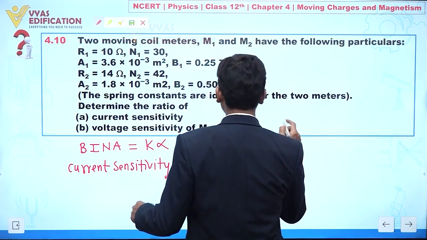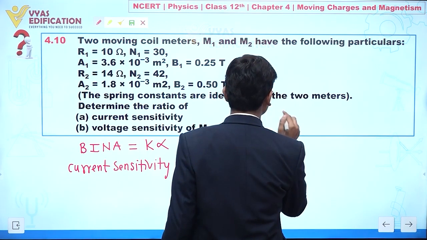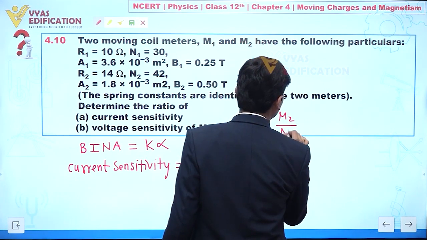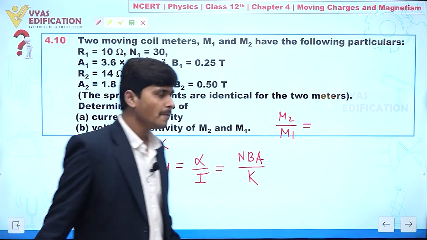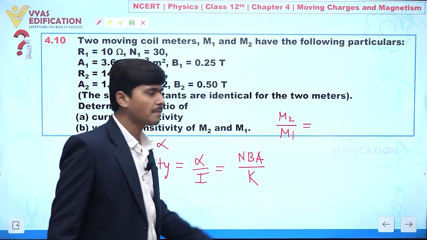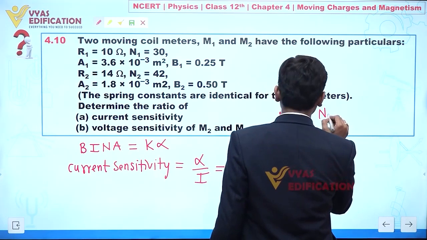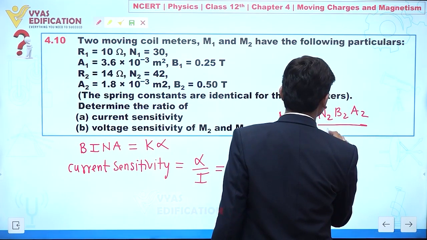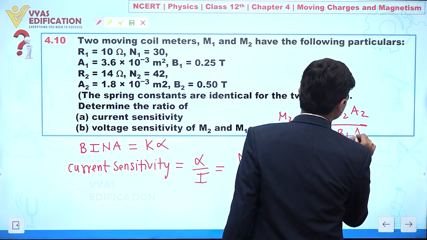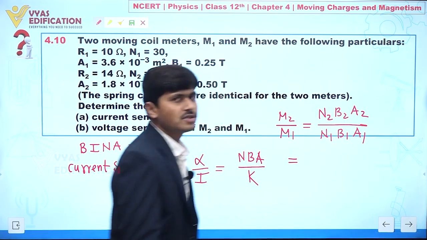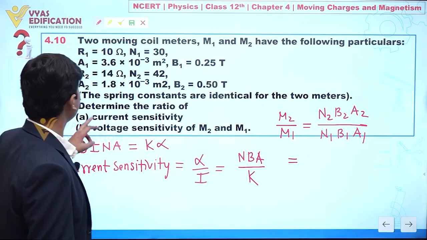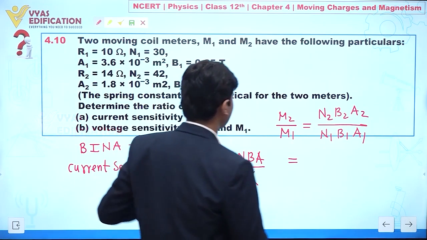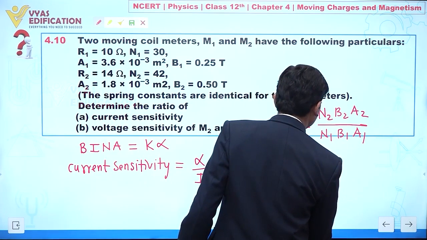So if I find the ratio for M2 over M1 of current sensitivity, how can I write? Because the value of spring constant is the same, I can write N2 B2 A2 divided by N1 B1 A1. N2 is given to you as 42, so I can say 42 by 30.